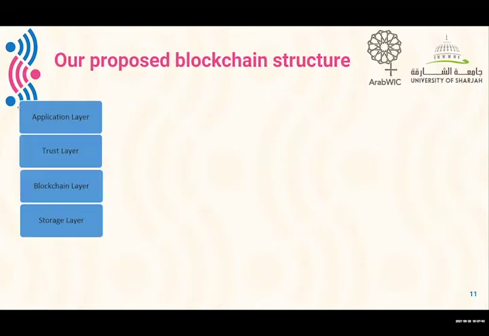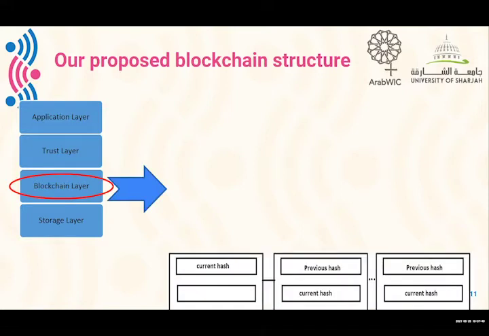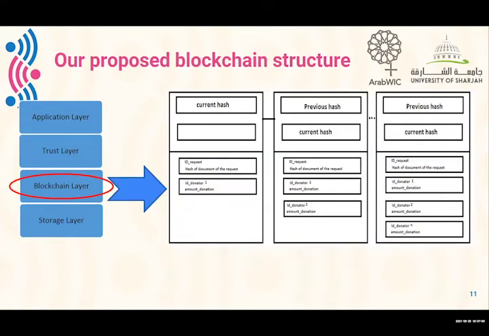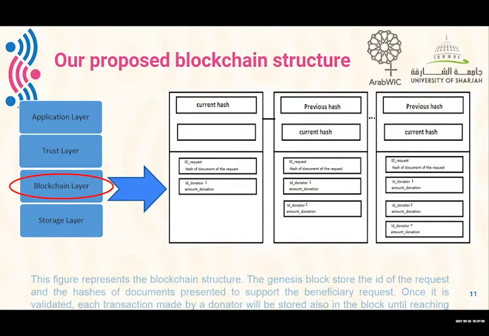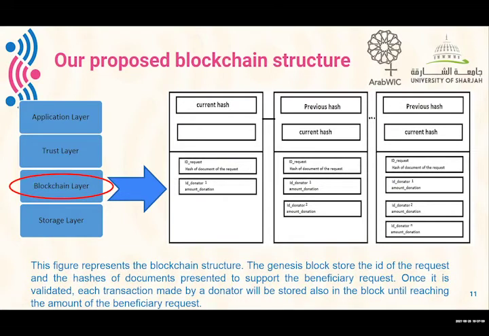Here we are going to focus a little bit on the blockchain structure. The proposed blockchain structure here, as you can see, is composed of, at the first side, the Genesis block, which stores the ID of the request and the hashes of documents presented to support the beneficiary request.